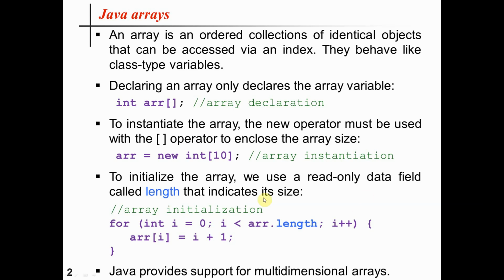So that is why the condition in the for loop is int i equal to 0, that is the beginning index, and the condition part states that i less than arr.length, that means it will be 1 less than the length of the array, and i++, that means it will be incrementing the loop control variable i one at a time, like i equal to i plus 1. So now we will be putting the values like arr[0] equal to 0 plus 1, 1. So for the second element it will be arr[1] equal to 2 and so on. In that way the array can be initialized.